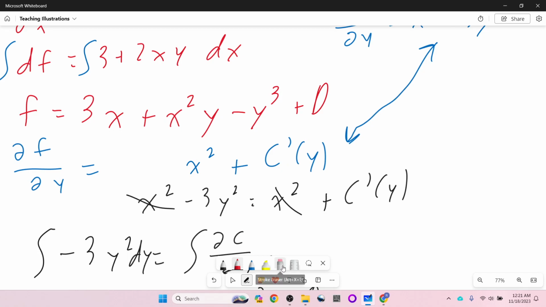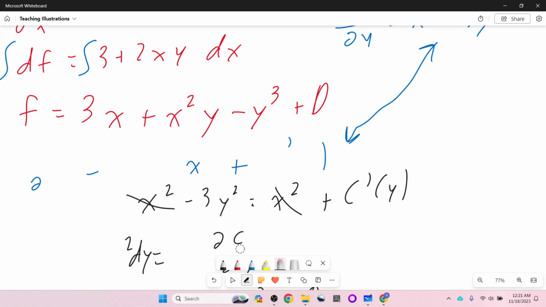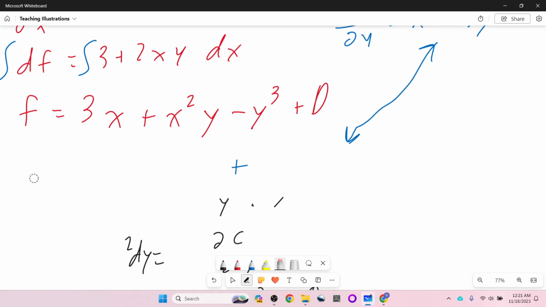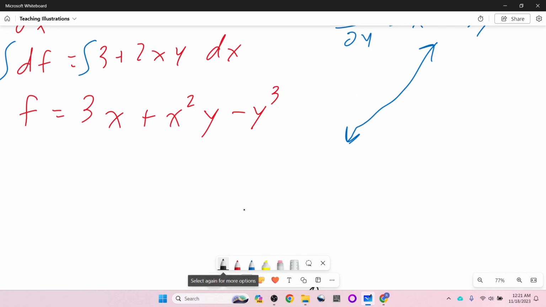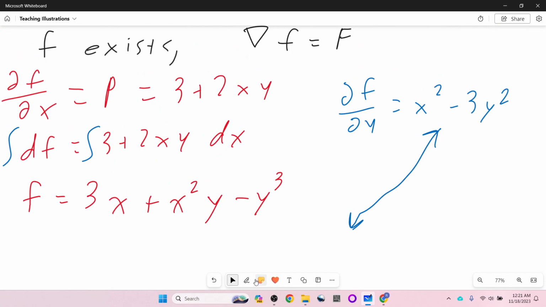Now, the plus d thing is kind of unnecessary, because we want to find a function whose gradient is capital F. Well, when we do derivatives, no matter which derivative it is, the d is just going to vanish. So it can really be anything, so we might as well just make it 0 and ignore it. So that means the potential function is actually not unique. It can shift by a constant.